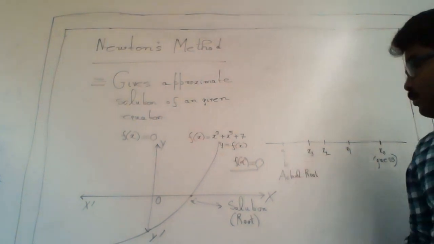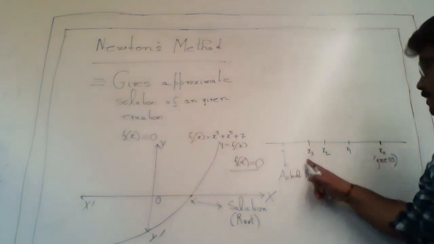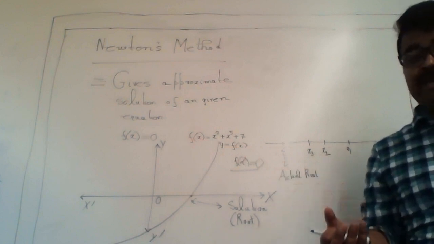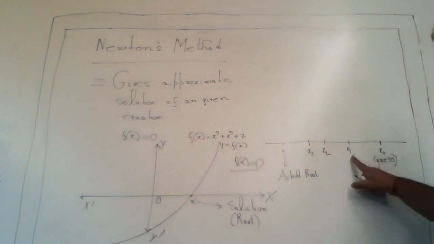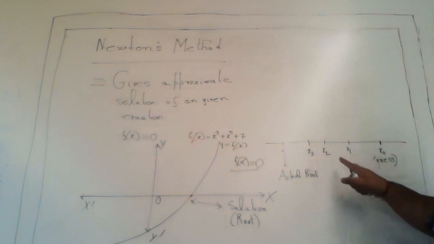Okay, so when we have a sequence of numbers x1, x2, x3 in this way, which goes towards an unknown number, we say in mathematical language we have a sequence x1, x2, in general xn.